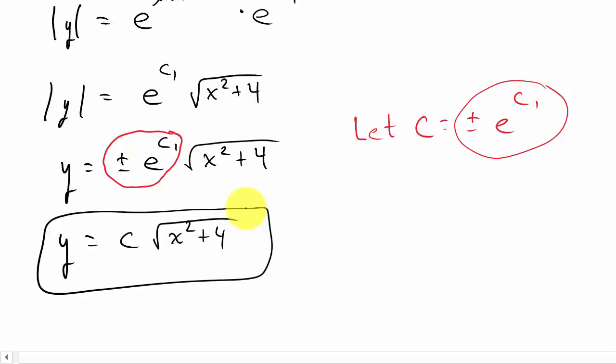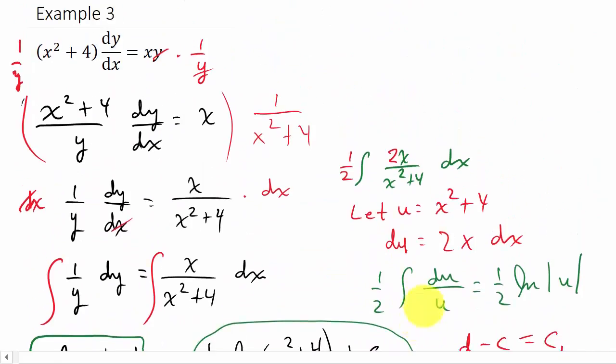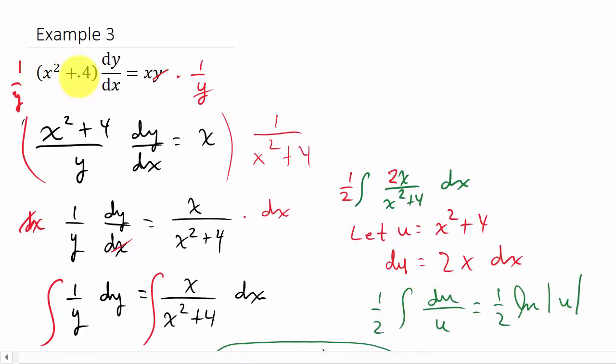We can find out what c is, but in order to do that, we would have to have conditions. Basically, in the problem, they would give you the problem, and then they would maybe say something like y of 0 equals 1, and so you could take this and plug the 0 in for x and the 1 in for y.